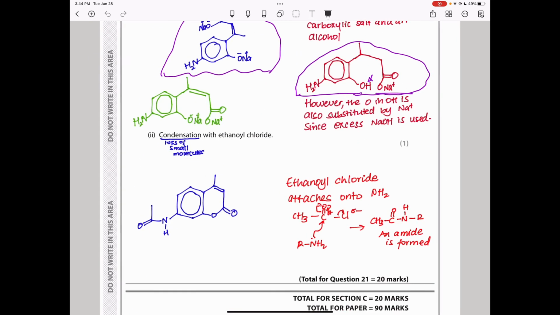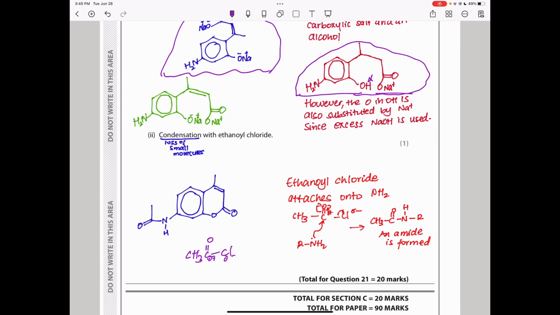So the next part here, we see condensation of ethanol with ethanoyl chloride. Condensation reaction means smaller molecules are being lost. So when condensation occurs, this is the structure that we're going to form, because we know ethanoyl chloride will attach onto the NH2. So it's going to be like a nucleophilic substitution reaction, whereby this is partial plus, partial minus.